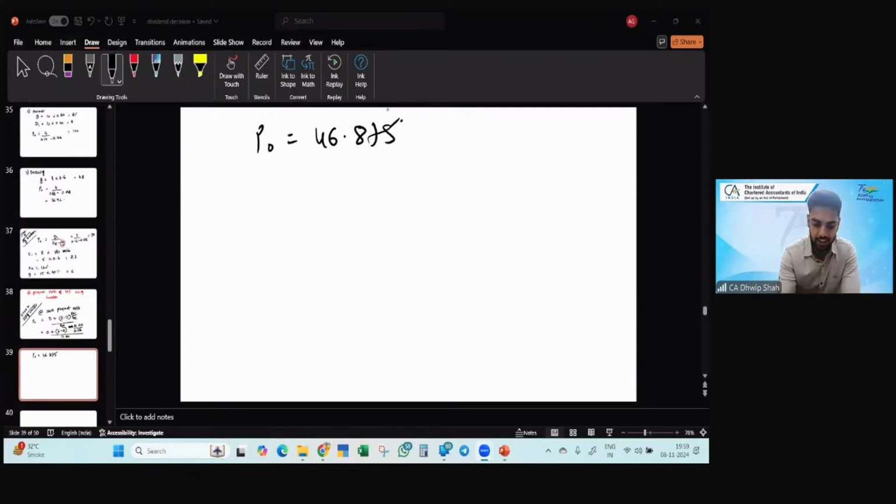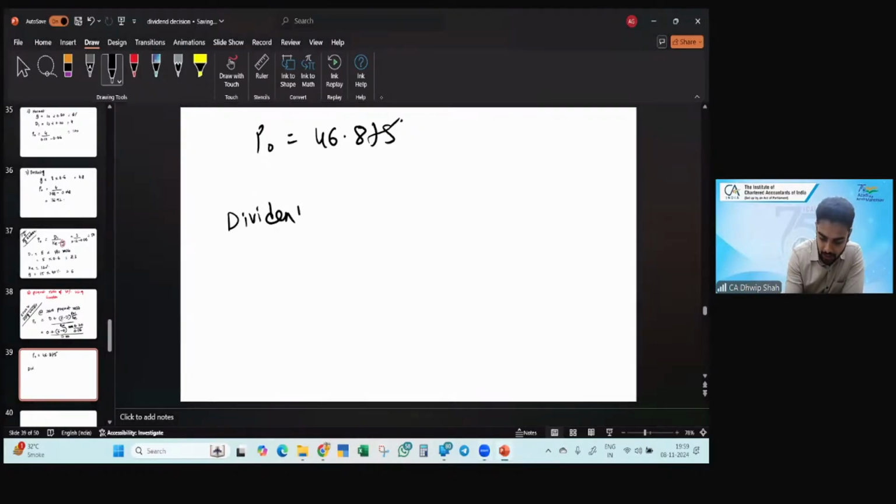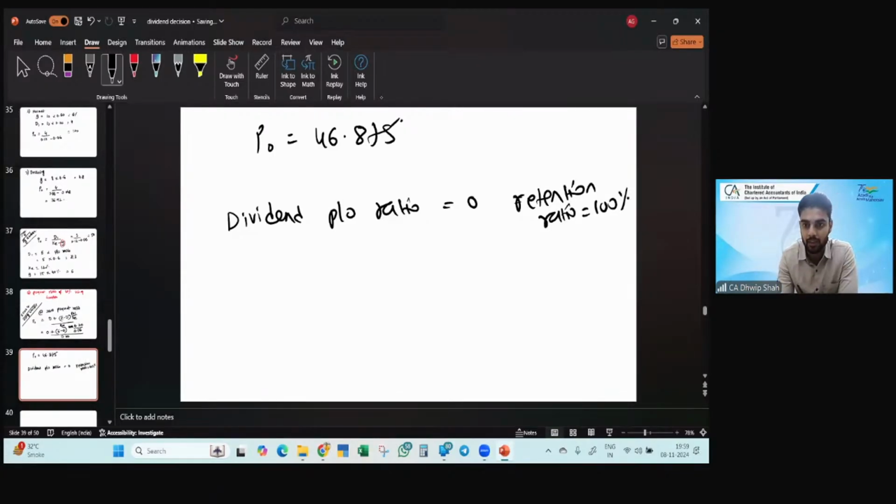See, it is infinite. In Gordon's model, it is unable to calculate. When dividend payout ratio is zero, can I say retention would be 100%? Retention ratio is 100%. Yes or no? So can I say my G would be ROI multiplied by retention ratio.